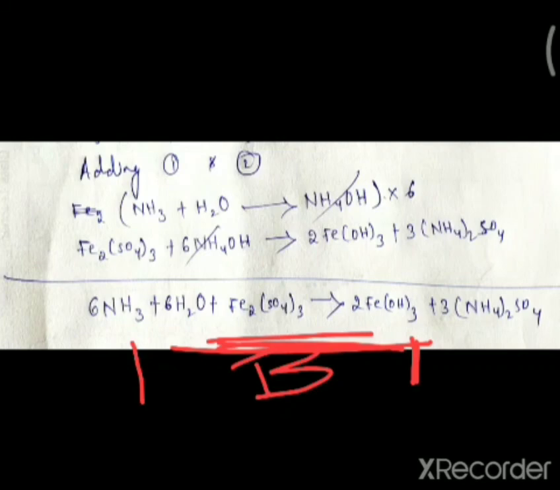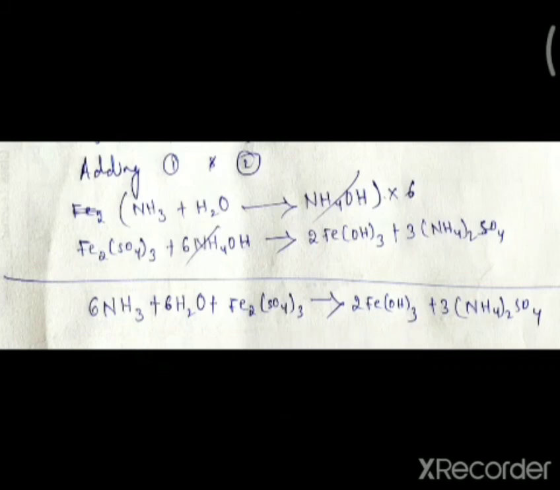I think you have understood the two methods, that is the hit and trial method and the partial equation method. Okay, thank you. And another thing, you can solve more equations by the hit and trial method and partial equation method also. Okay, so do that. Thank you.